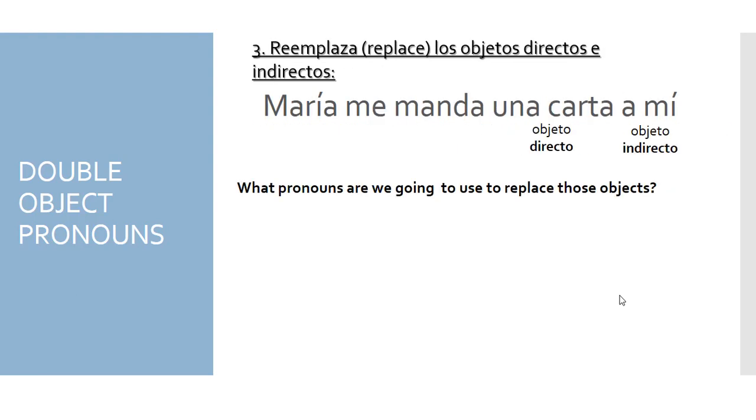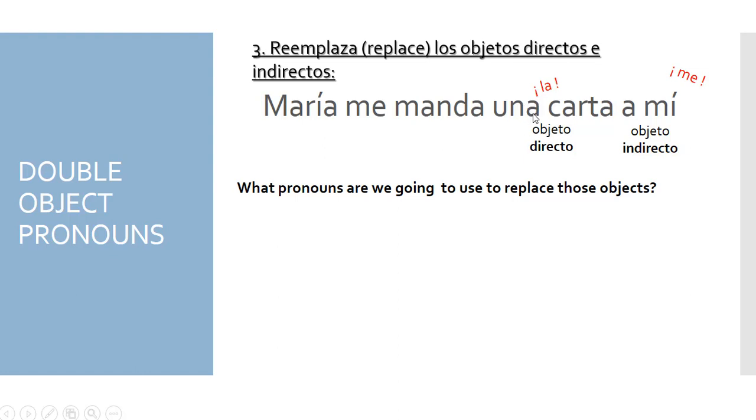Okay. Now, we said the indirect object pronoun that will replace this object is me, because a mí will be replaced with me. We've been doing this before. Direct object. What are the direct object pronouns? Me, te, lo, la, nos, os, los, las. Which one is the one that we use to replace this noun? Una carta, a letter.